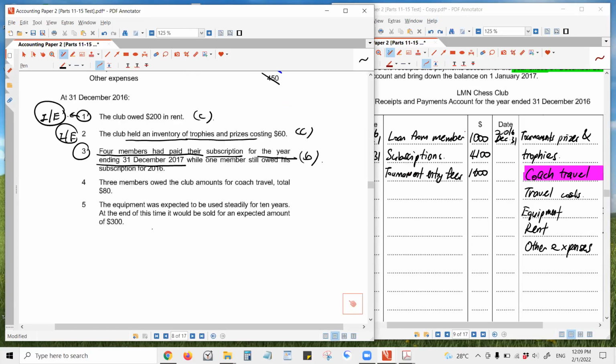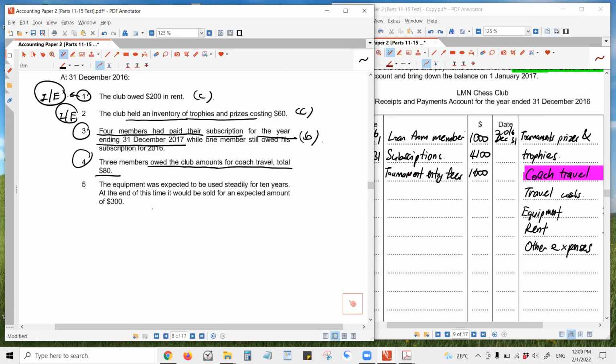Number 4, four members owe the club amounts for coach travel, total $80. Okay, now I can understand the scenario. You imagine there's a school. Inside the school, there is a chess club. One day, let's say this is in KL, this school is in Kuala Lumpur.